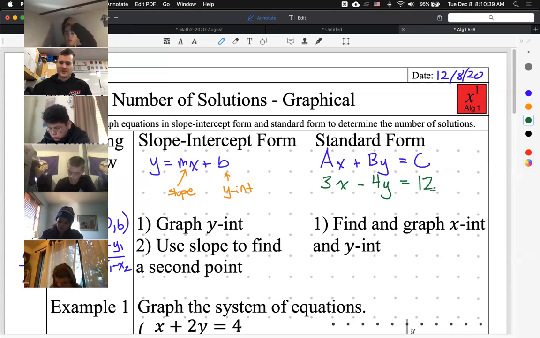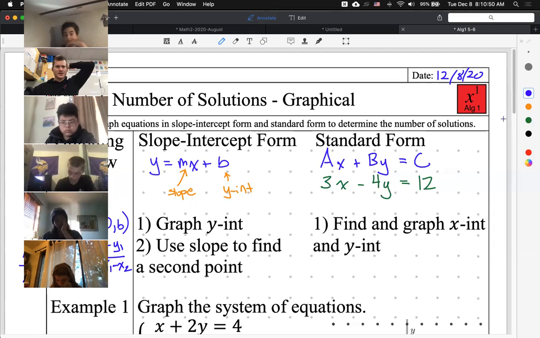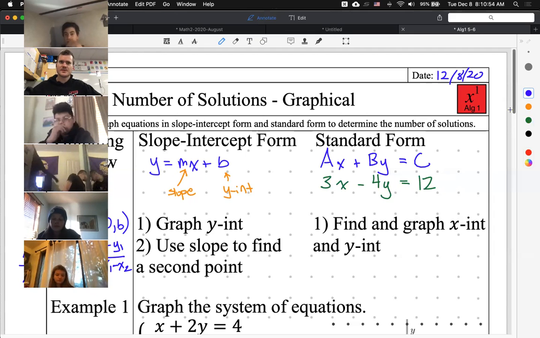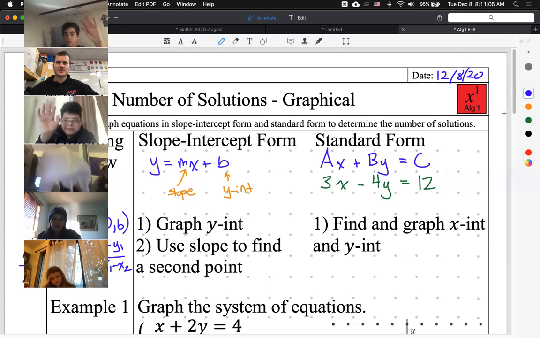And for this one, the way that you graph it is just graph the x-intercept, graph the y-intercept. But how do you do that? Can someone help me? What do I do to find the x-intercept? Let's go with Giorgio.